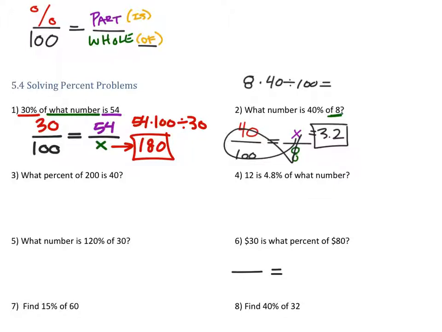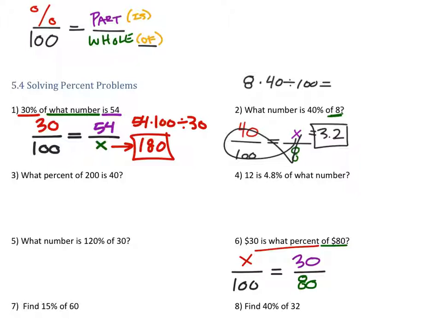Number 6 will set up the same way, out of 100, but this one did not give us the percent, so that's going to be where our unknown is. And then it shows it's of 80, so that's going to be in the denominator. And then the $30 just has nowhere else to go but the numerator there.